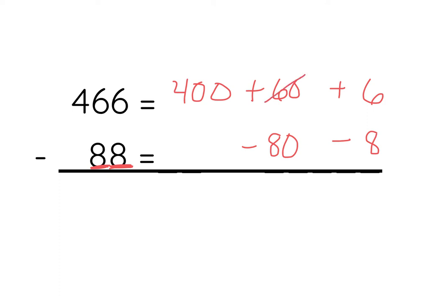So I'm going to take a 10 away from the 60 and give it to the 6 to make it a 16. 60 plus 6 is the same value as 50 plus 16. Now I don't have enough 10s yet, so I'm going to take a 100 away from the 400 and give it to the 100.